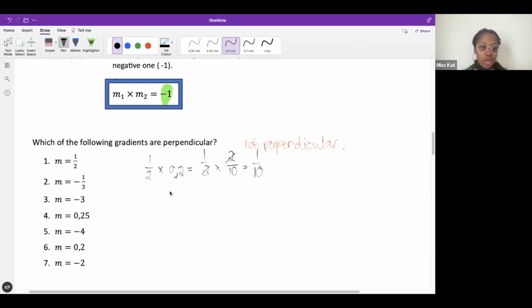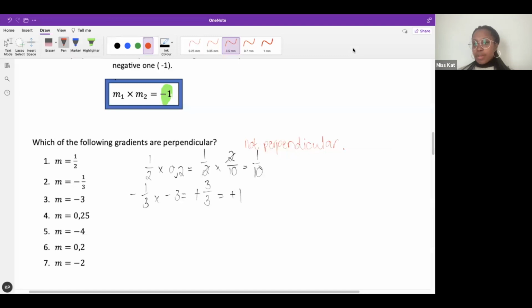Okay, I'm going to try number 2 and 3. Okay, so -1/3 multiplied by -3 equals. Two negatives are going to give me a positive answer. Then it's going to be 1 times 3, which is 3/3, which is +1. Are these perpendicular, guys? My answer is +1. Why not, Zeketelo?